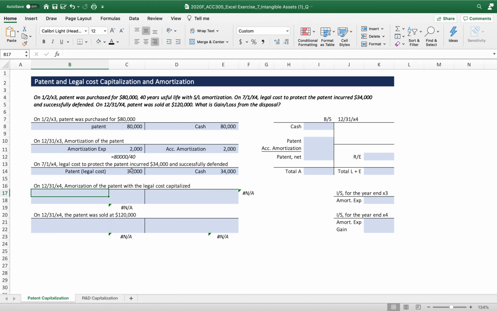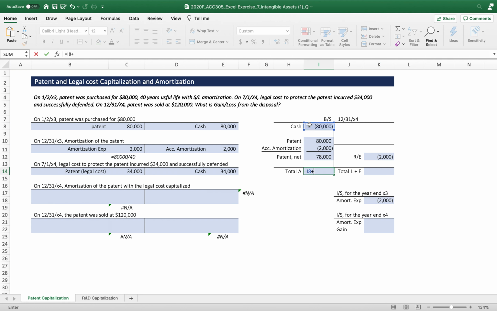Okay, before jumping into this, why don't we put this journal entry into the balance sheet and income statement up to year 3? Here, the cash out 80,000, and then the patent we purchased is 80,000, and then amortization expense, accumulated amortization, then the net patent is 78,000, and the first year expense is 2,000, so it should be 2,000 on the retained earnings.